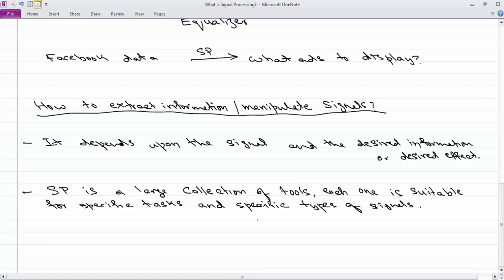And there is no one single class that can teach you about all possible types of these tools, about all possible types of signals. So what is this class about?